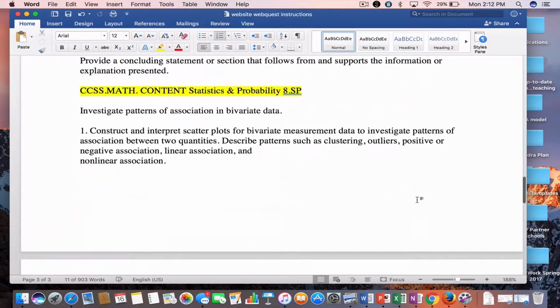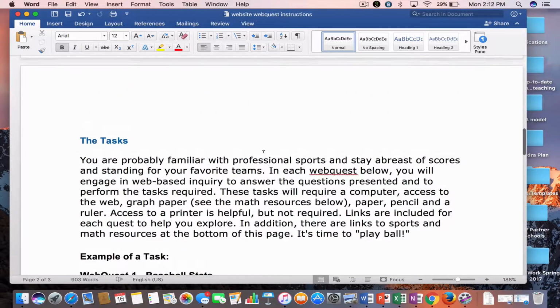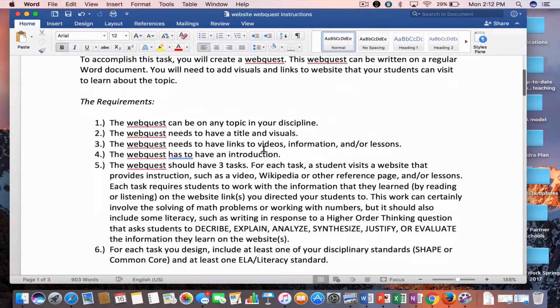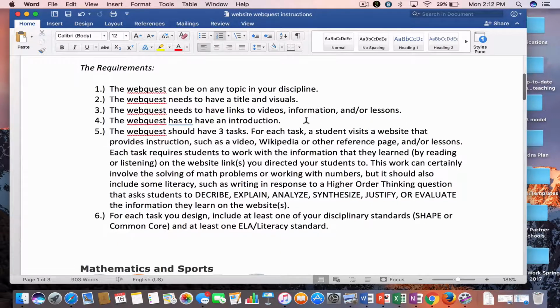And so this is, again, an example of one task, and it hits all of these requirements. It's got the discipline, so it's math. It has a title and visuals. It has links to video, information, and or lessons. This just had lessons and information. It has an introduction.